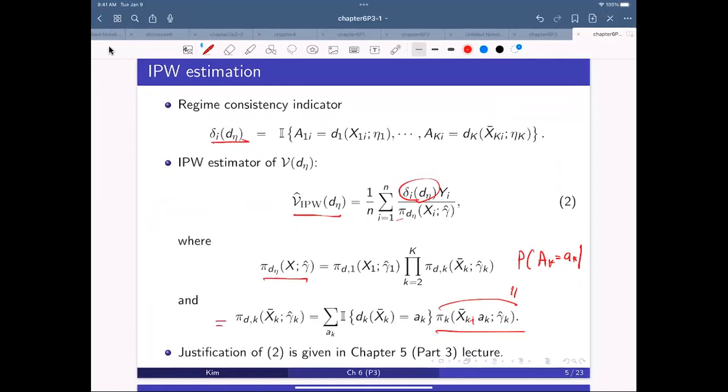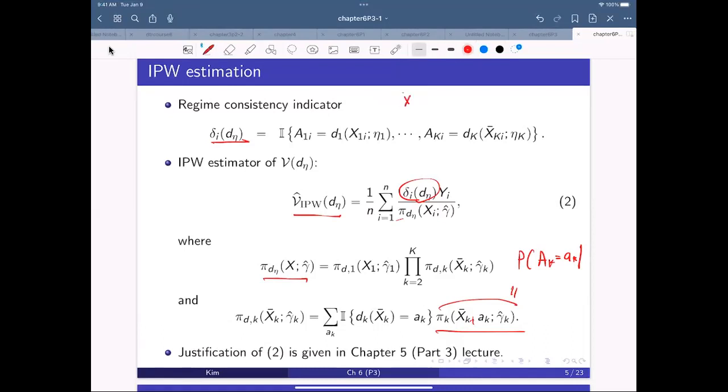You mean this one is actually a_{k+1} equal to a_k? But my point is, something's not really correct.